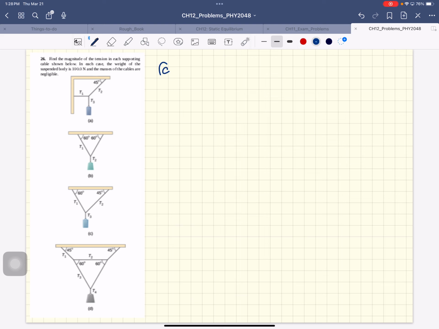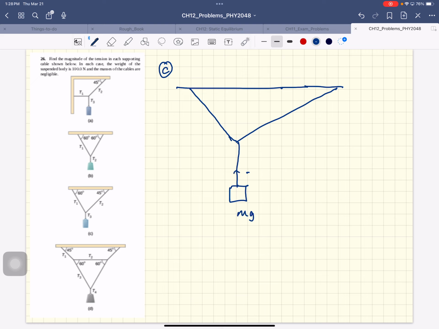We're doing part C. So the tension in this string T3 is equal to mg. This is 45 degrees, this is 60 degrees.